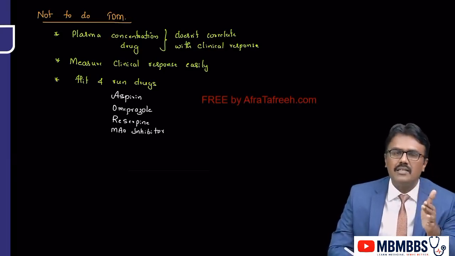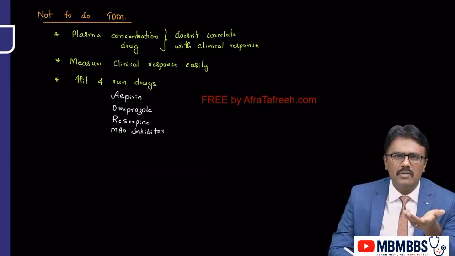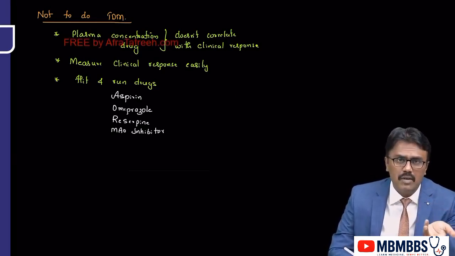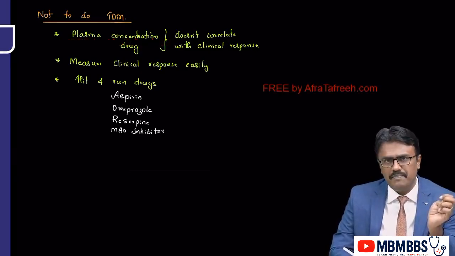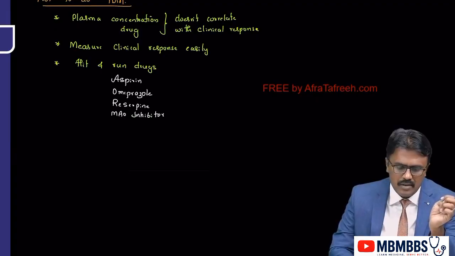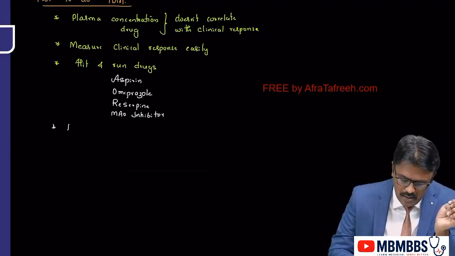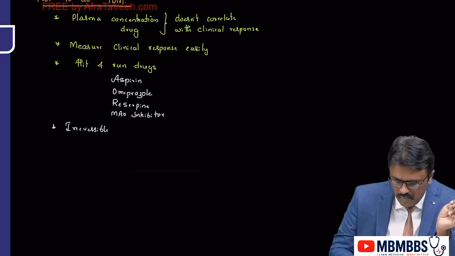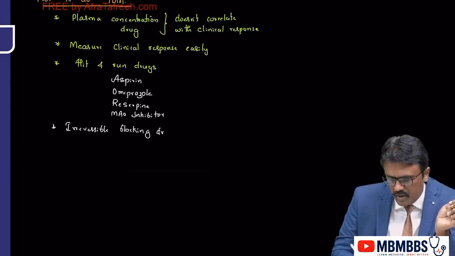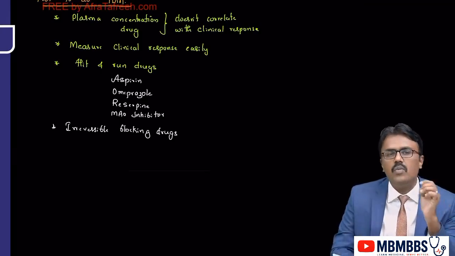The drugs will be there for 1 or 2 hours, and after that if you try to measure, you are not going to see their drug level, and your judgment will be faulty. That's the reason for hit and run drugs or the drugs which are irreversible blockers, we are not going to do therapeutic drug monitoring.